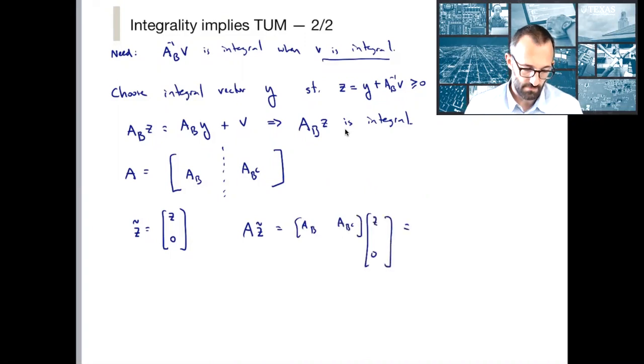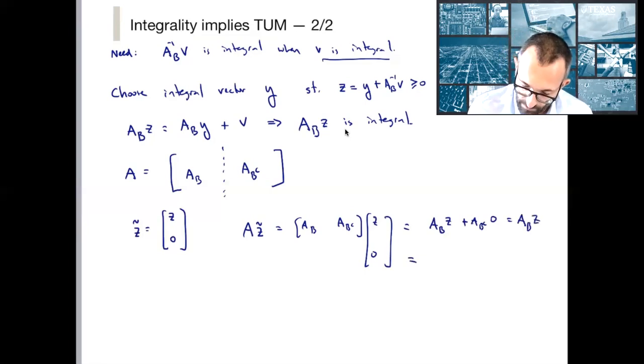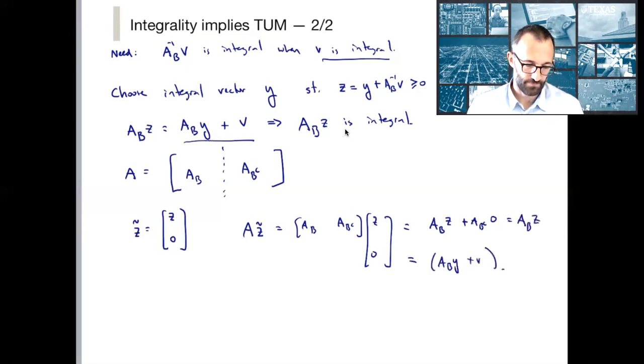So this is equal to ABZ plus AB complement times 0, which is ABZ, which is equal to ABY plus V. What do we know?